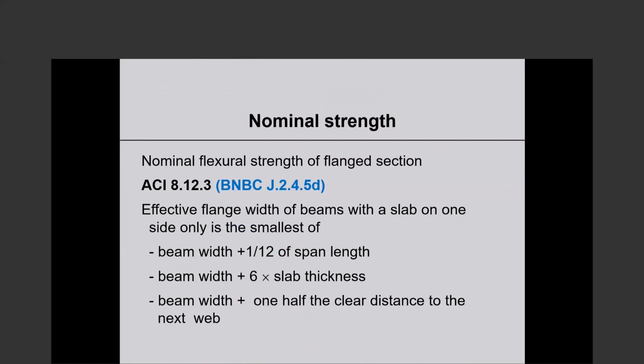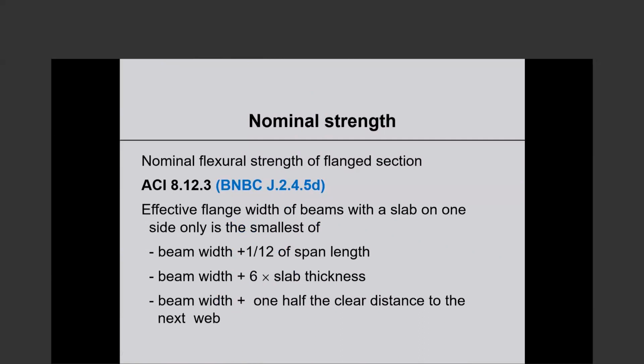If you have a flange on one side only, an L beam rather than a T beam, then the effective width is beam width plus 1/12 of the span length. We go from 1/4 to 1/12. Beam width plus 6 times slab thickness. You remember it was 8 times slab thickness on either side. We go to 6 times.